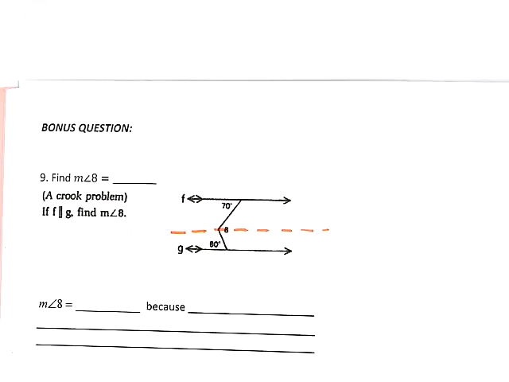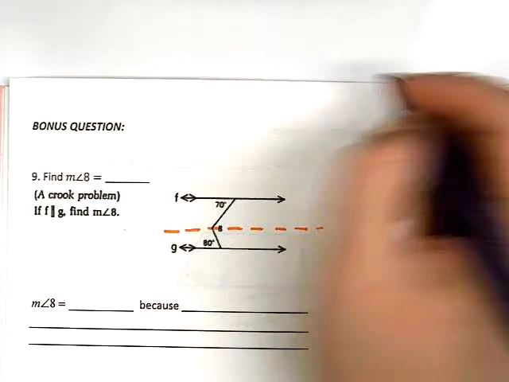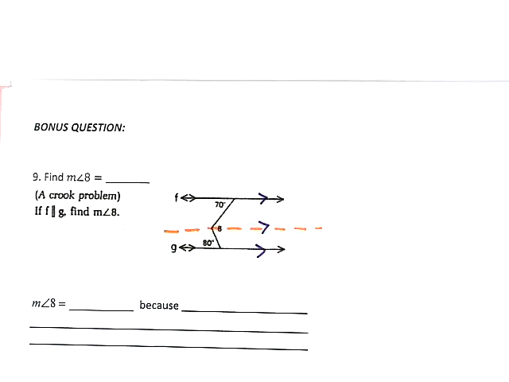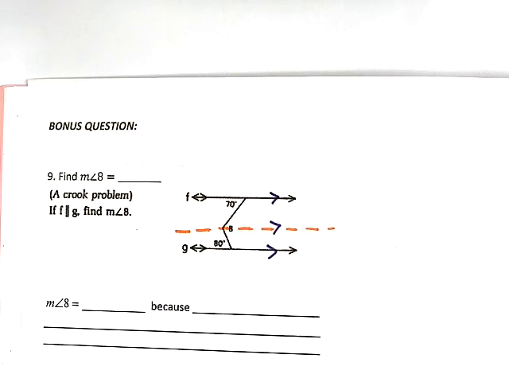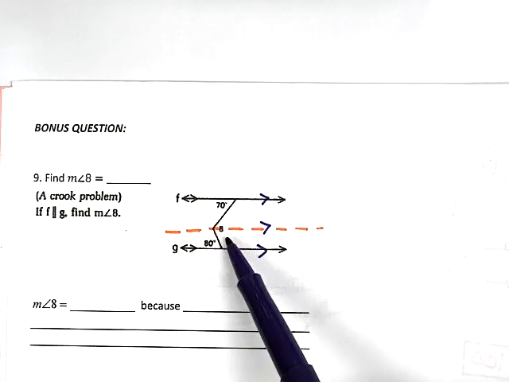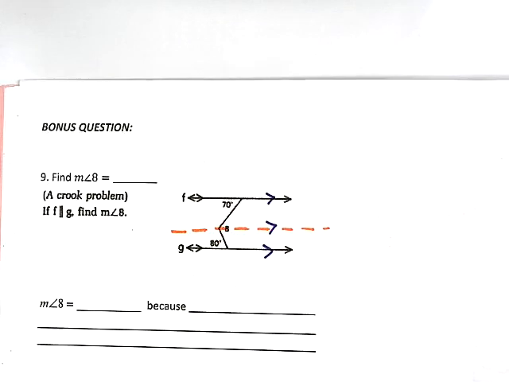That line, that orange one that I just drew, is not only parallel to F, but it's also parallel to G, because I purposely drew it that way. So, notice also that that takes angle 8 and cuts it. It doesn't cut it in half, it just cuts it into these two other angles. So we've got to figure out what's going on here.